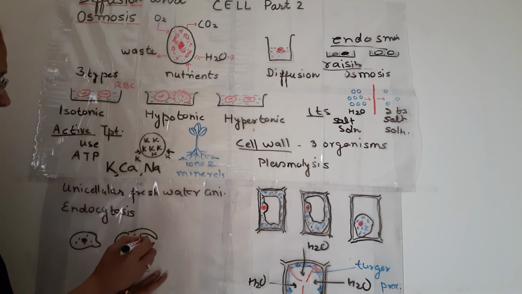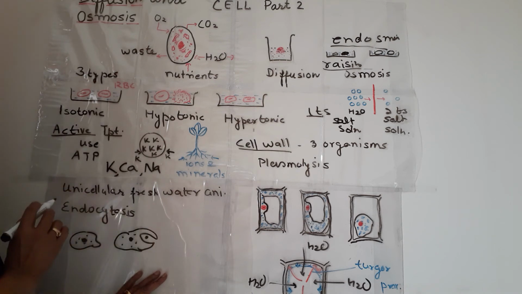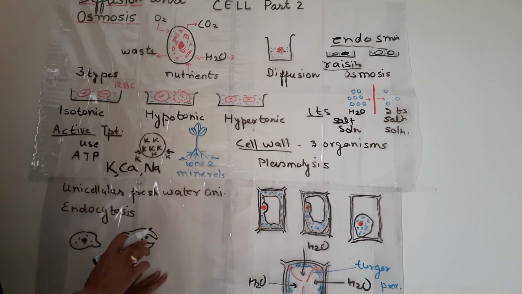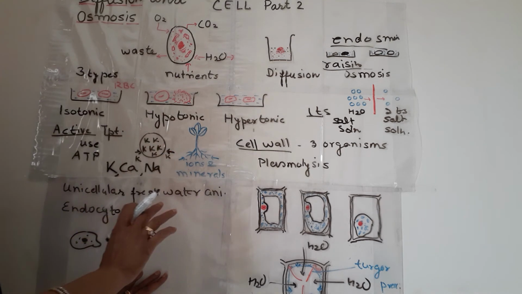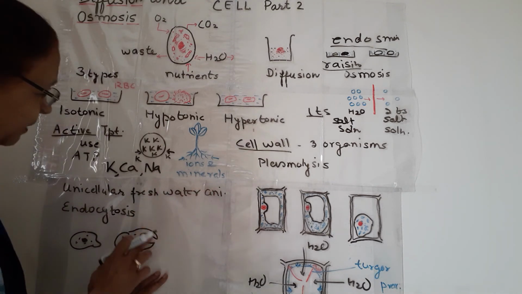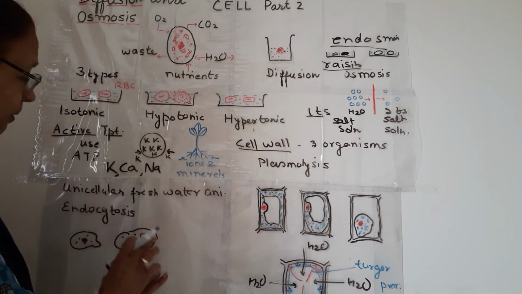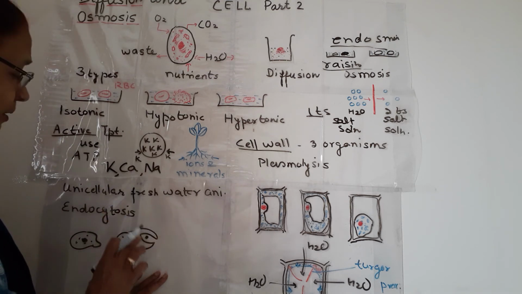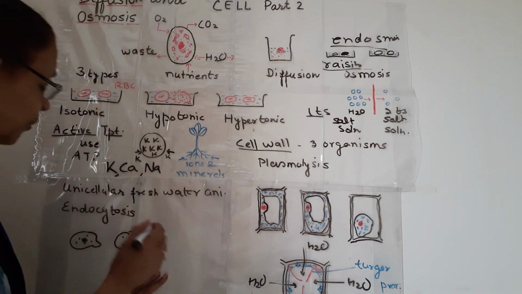And these pseudopodia encircle these food particles. How are these pseudopodia formed? They are the extension of the plasma membrane. As the plasma membrane is flexible, due to its flexibility, these extensions or finger-like projections known as pseudopodia are formed.